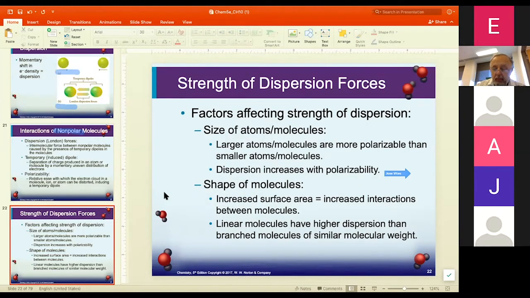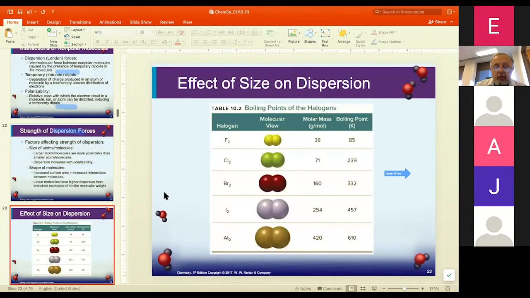Okay, so the shapes of the molecules also influence this. Here we have all of these with the same electronegativity, they're pairs, so they're non-polar. And again, the molar mass can be used to predict the relative boiling point. So a molar mass of 71 versus a molar mass of 160: 160 will have a higher boiling point.